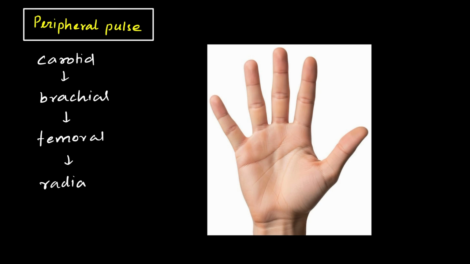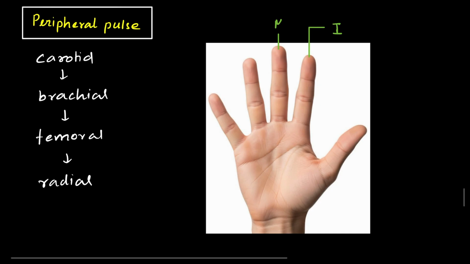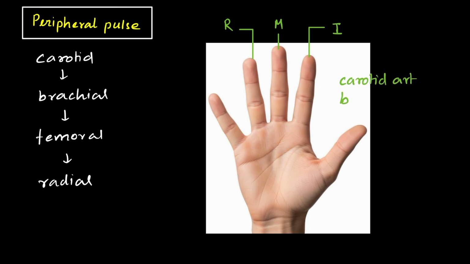Since the difference in sequence of transmission is in milliseconds, you can't really appreciate the sequence by palpating these pulses. To palpate the peripheral pulses, you are going to use 3 fingers: the index finger, the middle finger, and the ring finger. With exception of carotid artery, and in some literature brachial artery as well, for which you use your thumb.